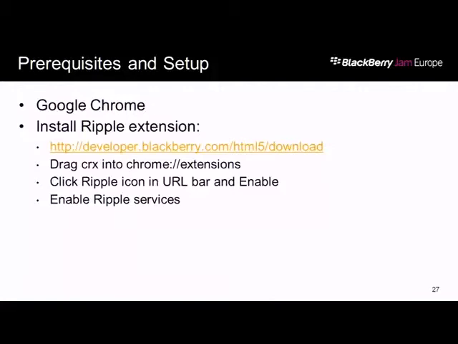There's an additional services component that comes with the Google Chrome extension that allows you two things, really. It provides a default local web server, so you don't have to necessarily set up your own if you don't have your own web server on your system. So you can just drop your projects into the local web server that comes with Ripple and just point the browser, Google Chrome, at that.